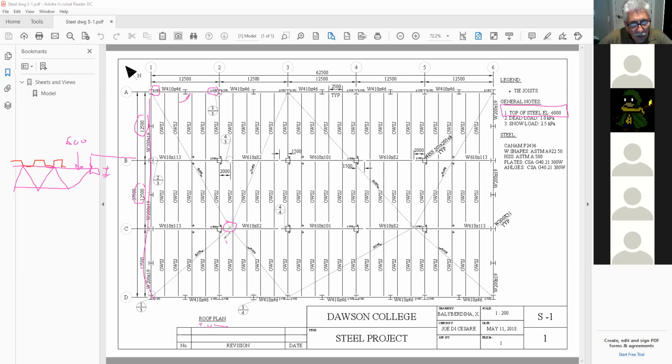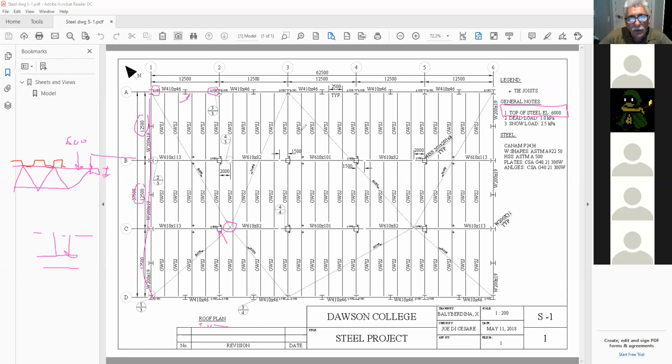Therefore, this column here will be dropped by 500 millimeters in order to create that 2% slope. So all of this is to tell the guy that by the time you detail this whole column and everything else, the top flange of my girder is going to be 500 millimeters lower than 6,000.